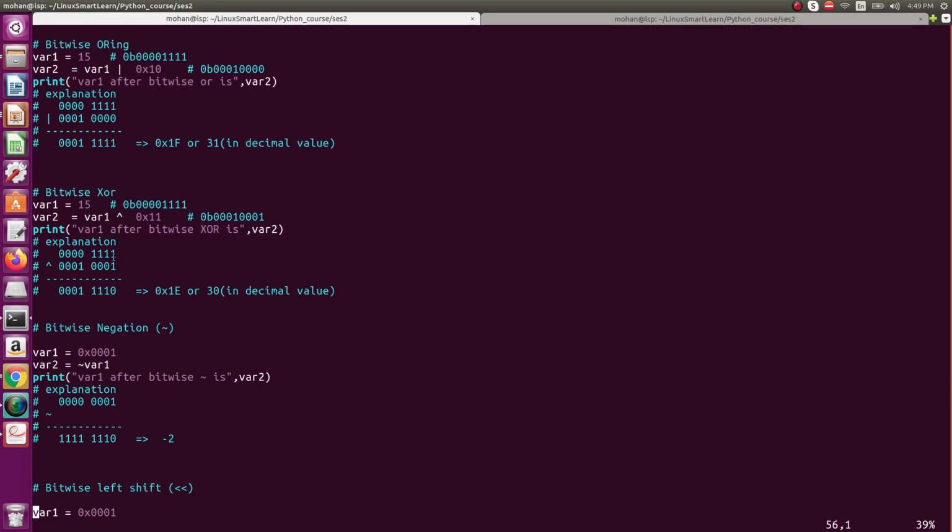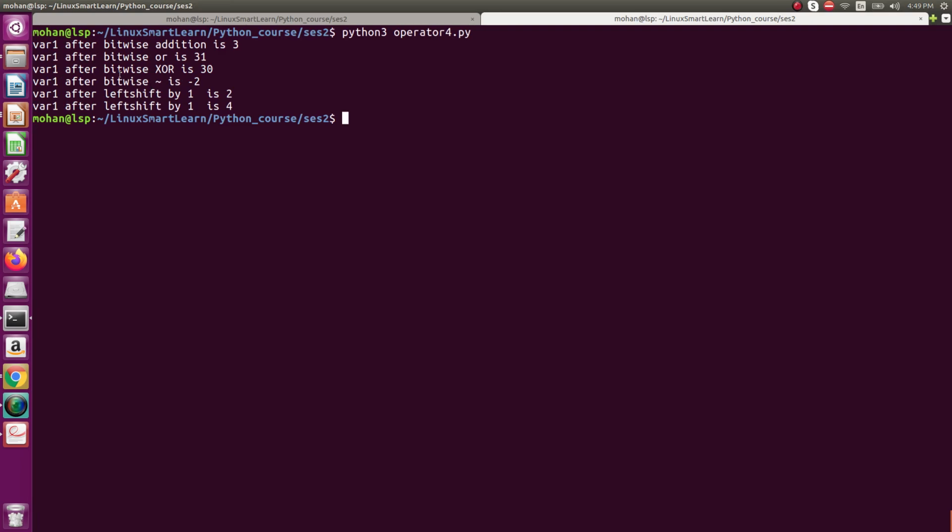For example, 1 XOR 1 is 0, 1 XOR 0 is 1, 1 XOR 0 is 1. Similarly, 0 XOR 1 is 1, and 0 XOR 0 will be 0. So we get a decimal 30 in this case. So we got bitwise XOR as 30.